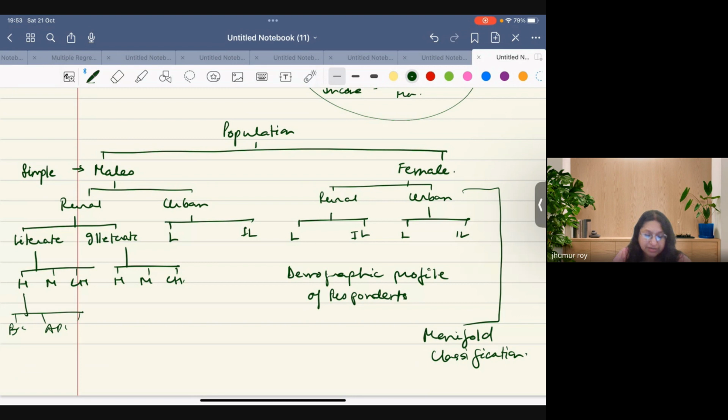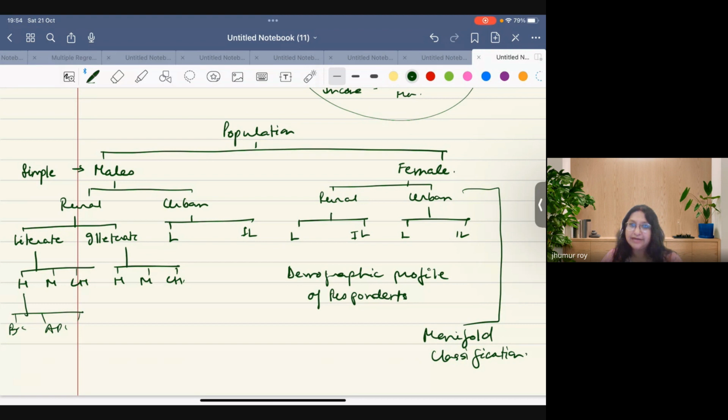Then again, literate I divided according to religion, into Hindus, Muslims, and Christians. Then again, I subdivided it into how many of these people are below the poverty line and above the poverty line. So I'm going down and further classifying them according to different attributes.